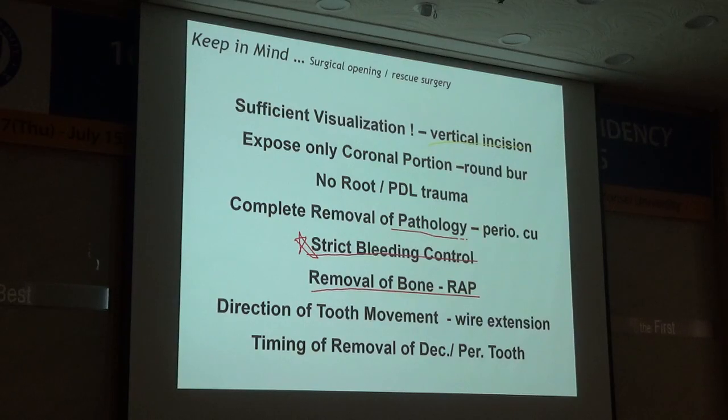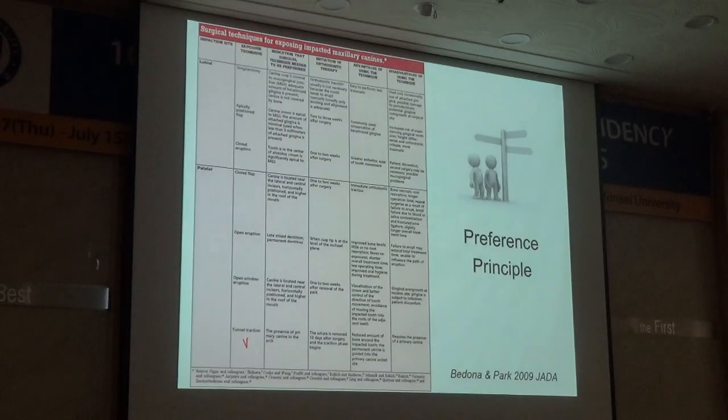I have to discuss the wire extension with my colleague, the orthodontist. And sometimes I have to think about when to decide the time of extraction of the adjacent permanent or deciduous tooth. Those are the consideration factors. There is little literature about this kind of thing.